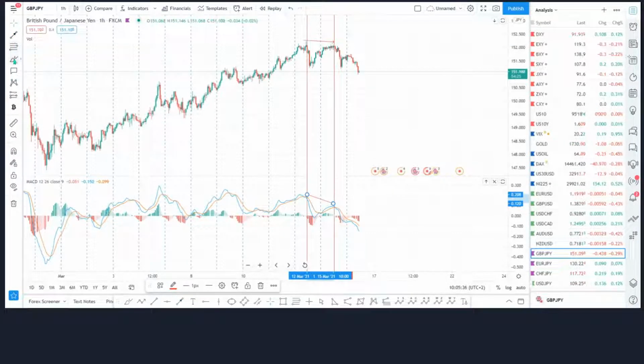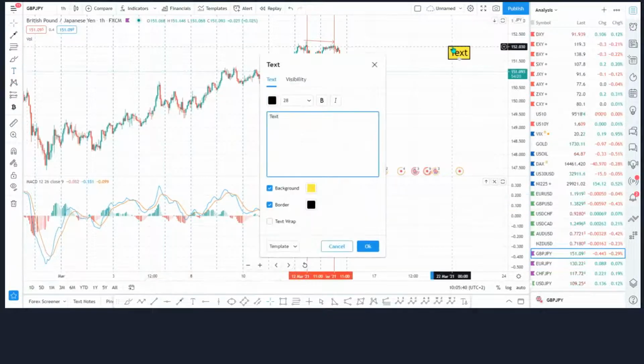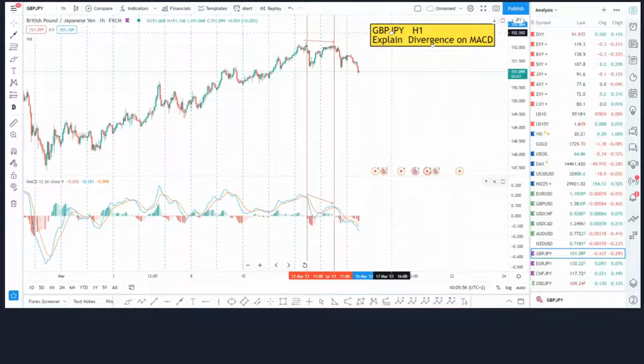So right here, because sometimes this is not shown, I'm just going to type pound JPY, H1. So explain divergence MACD. Okay, guys.